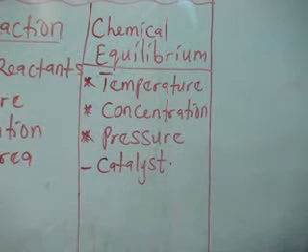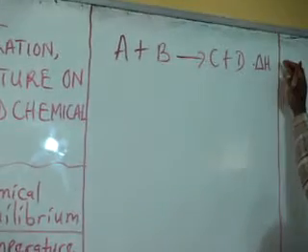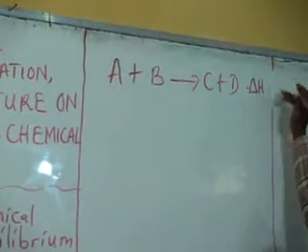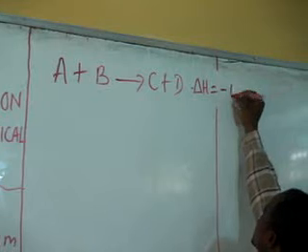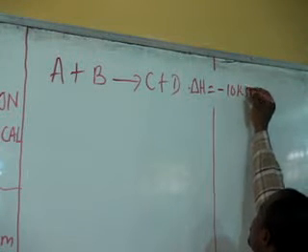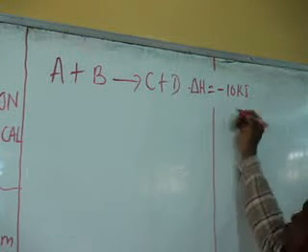They will write something like delta H. Remember, your delta H means change in heat content. And here you will see something like, let me just say, delta H equals minus 10 kilojoules per mole.